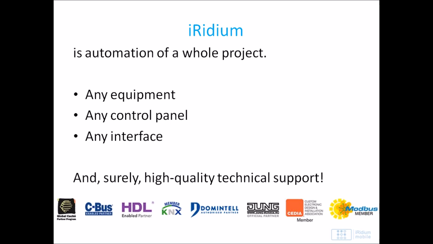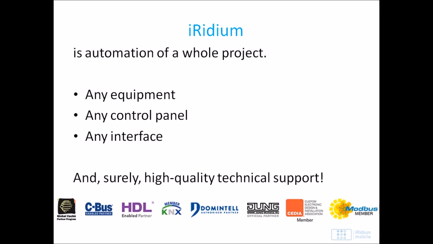So in general information about our product, as we mentioned, you can use any control panel to control any equipment with any interface. Now it's easier because of improvements of our editor, and interfaces are also available on our website, and you can use them for demonstrations or for your projects.